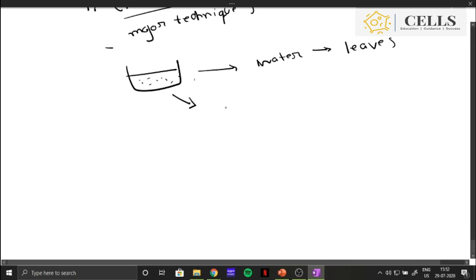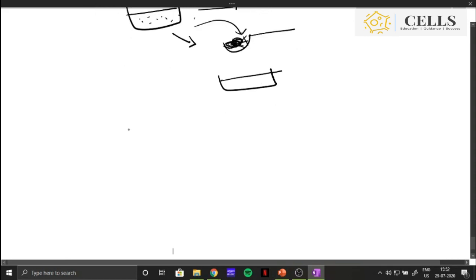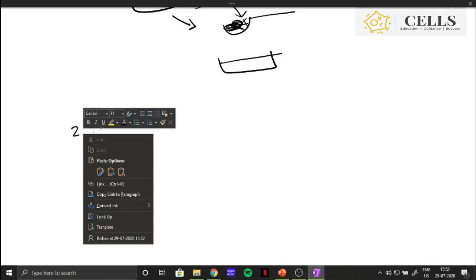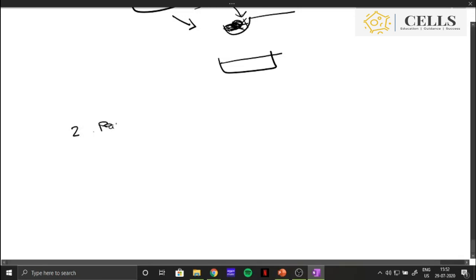You pass it through a mesh filter, and you will collect the fresh tea while the leaves are collected here. So this is just a separation technique, how you separate your water from the tea leaves. That is the same way we use chromatography. This is just the absolutely basic idea. Also, you can use a paper.